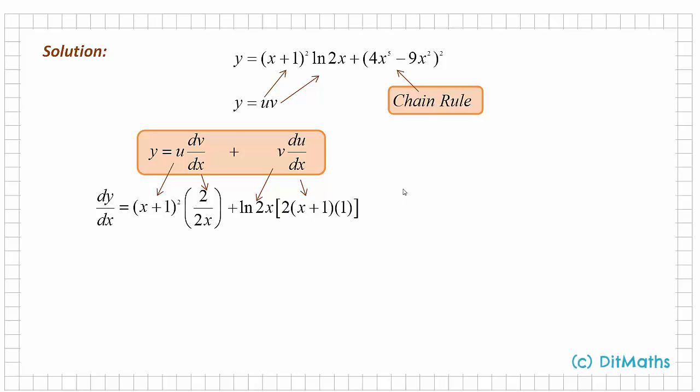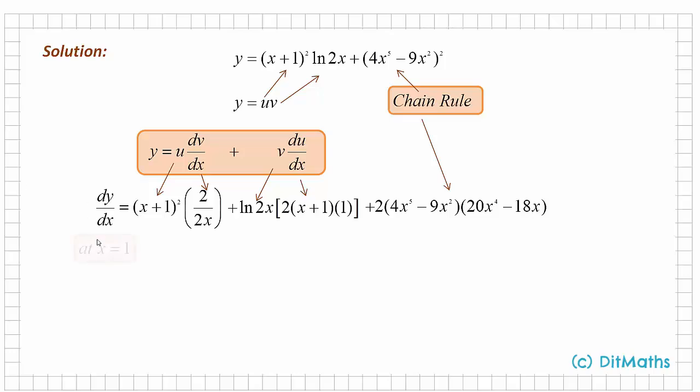Now, to differentiate the second half of the expression, we use the chain rule, which will be twice the bracketed term to the power of 1 times the individual terms differentiated, which will be 5 fours, 20, times x to the power of 4, minus 2 times minus 9, which will be minus 18 times x.